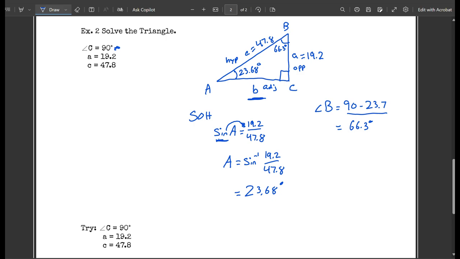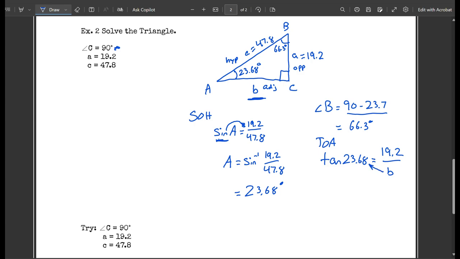So why don't we pick the opposite and the adjacent? That tells us TOA. The tangent of our angle 23.68 is going to be equal to the opposite, 19.2, over the adjacent, which we don't know.